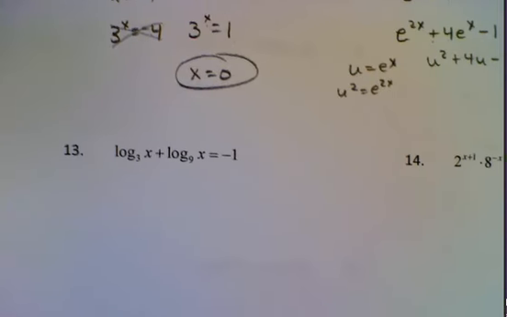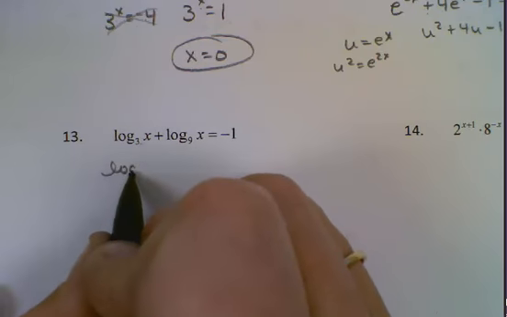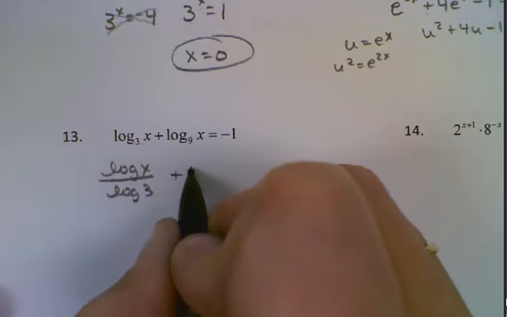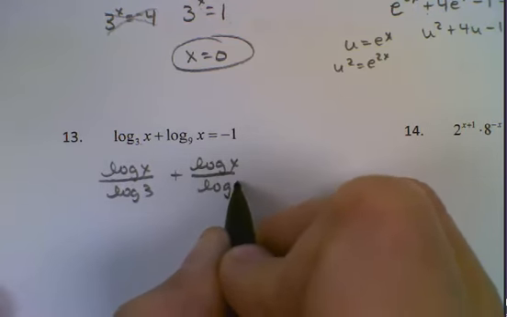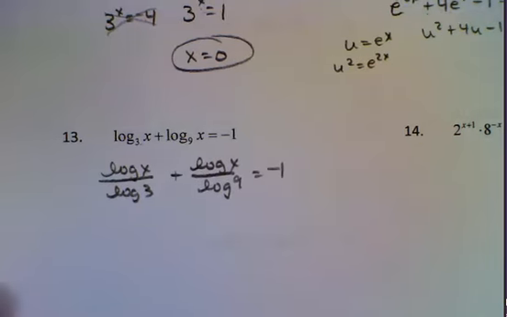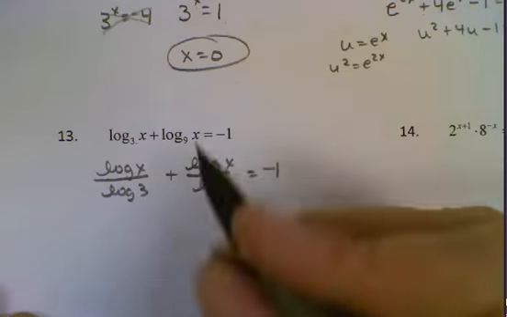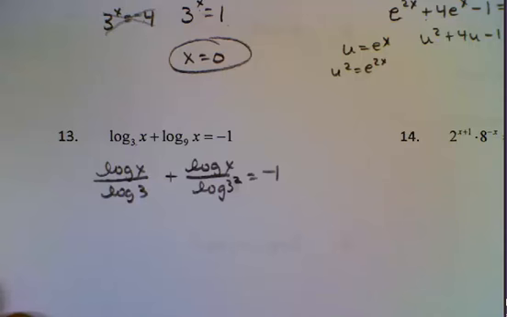All right, 13. I have logarithms, but their bases are different. So I'm going to use the change of base. Anytime the bases are different, you have to use change of base. So log of x over log of 3, log of x over log of 9. Now the reason I did that is 9 is actually 3 squared.